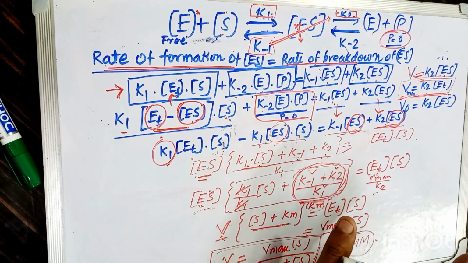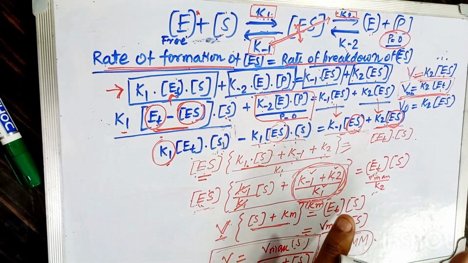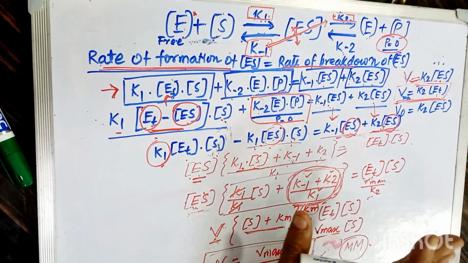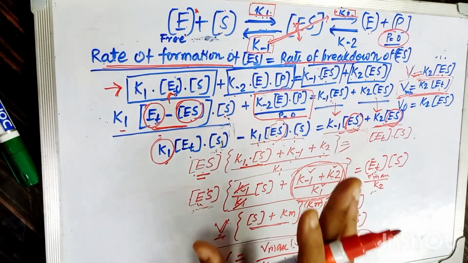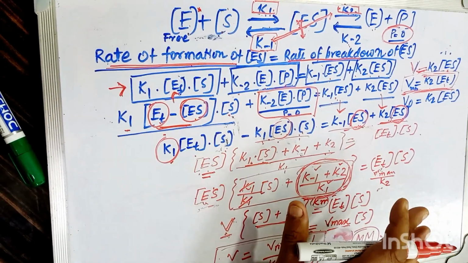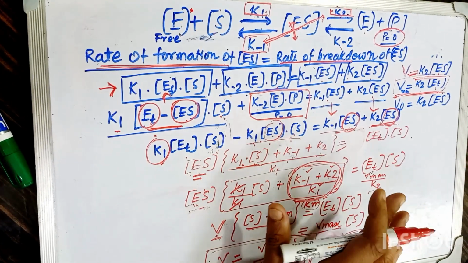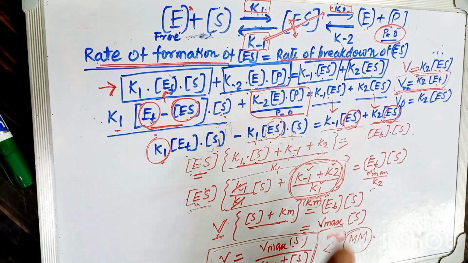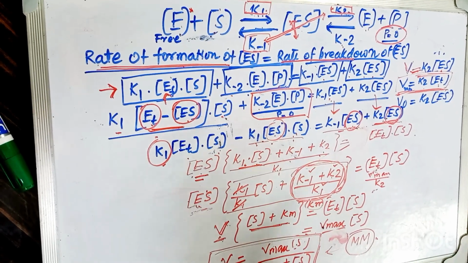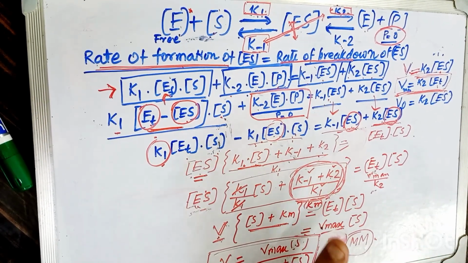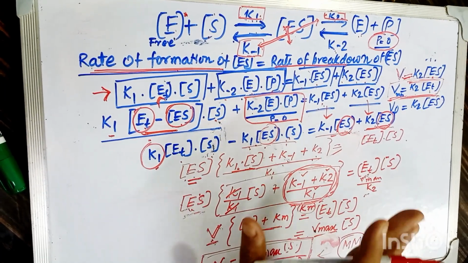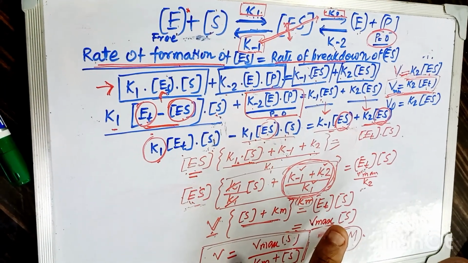For that part I'll need all your revisions from these two classes, so that you become ready for the competitive inhibition, the uncompetitive inhibition, and the non-competitive or mixed inhibition. I'll teach you about those inhibitions in the next class.